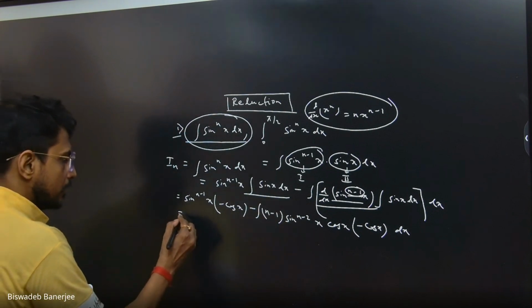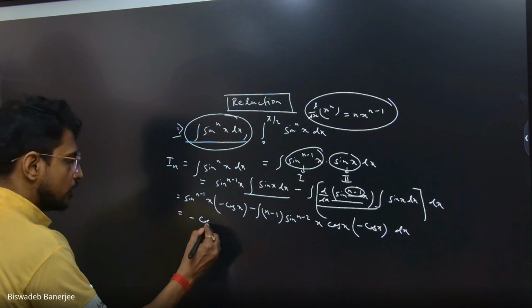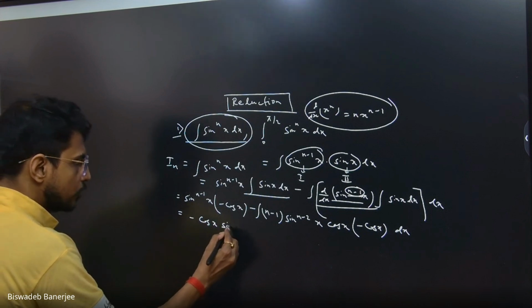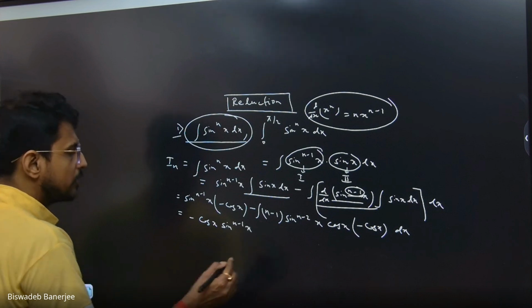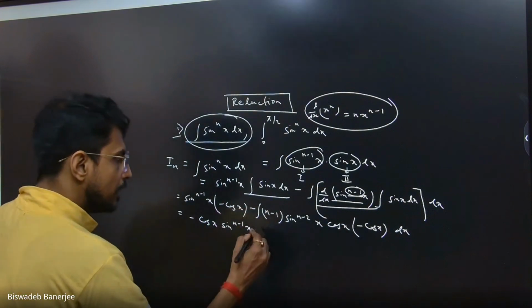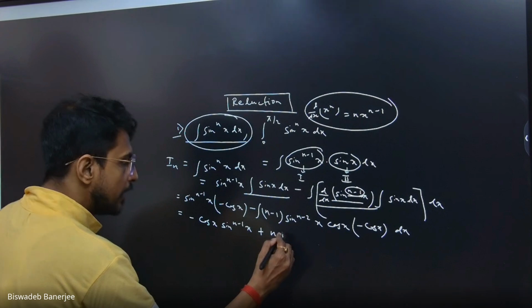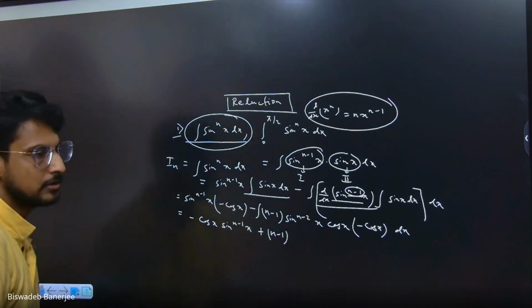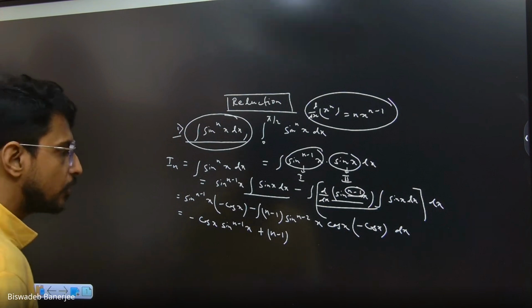Then this portion is minus cos x sine to the power n minus 1 x, and this portion remains as it is. Then minus minus plus, you can take n minus 1 outside the integration because n minus 1 is a constant.